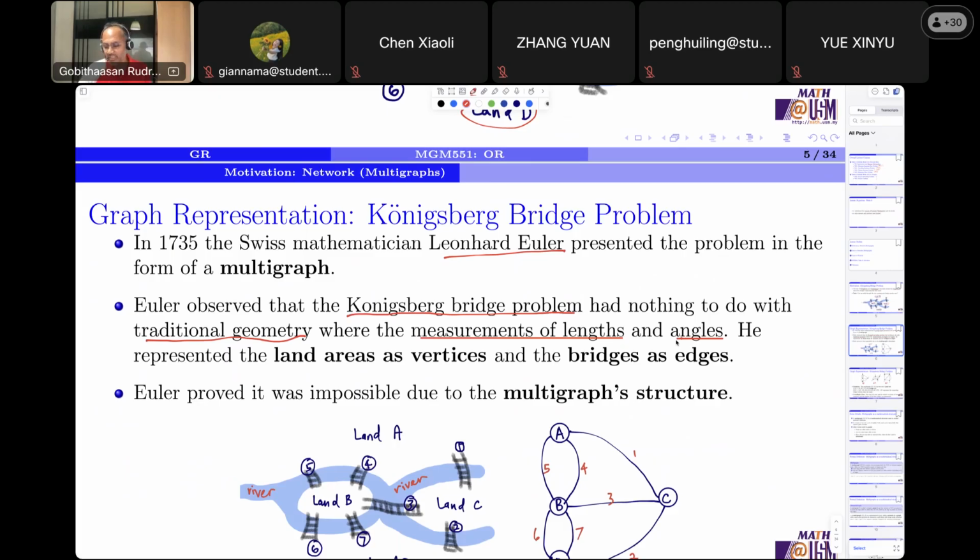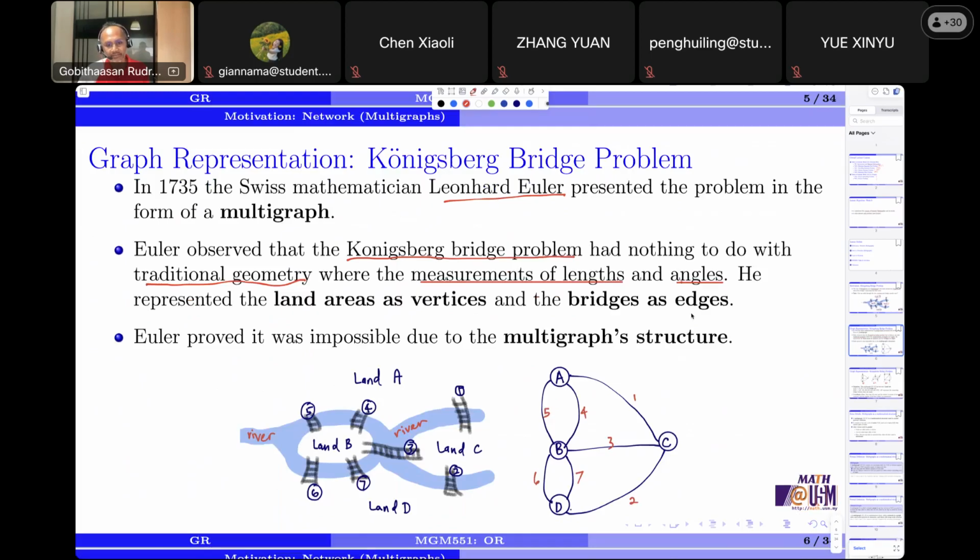So what he did was represent the land areas as vertices and bridges as edges. Basically, he represented it in the form of a multigraph, and then he answered the question. Euler proved that it was impossible, based on the multigraph structure. Again, the keyword here is structure.